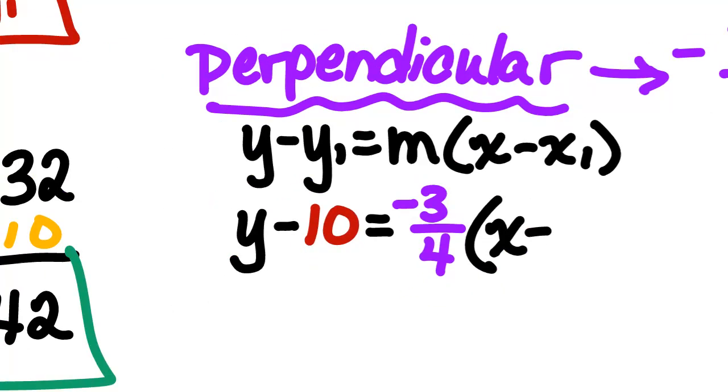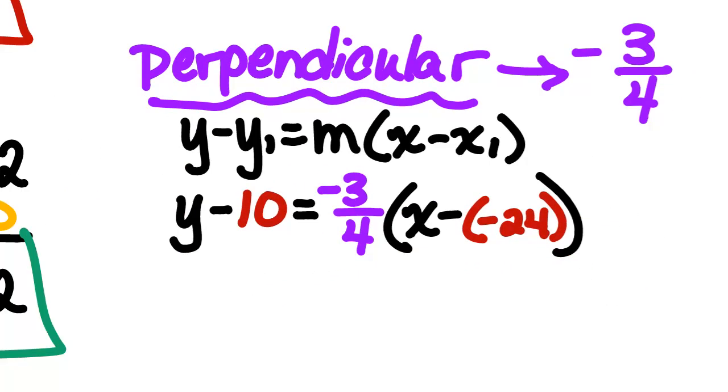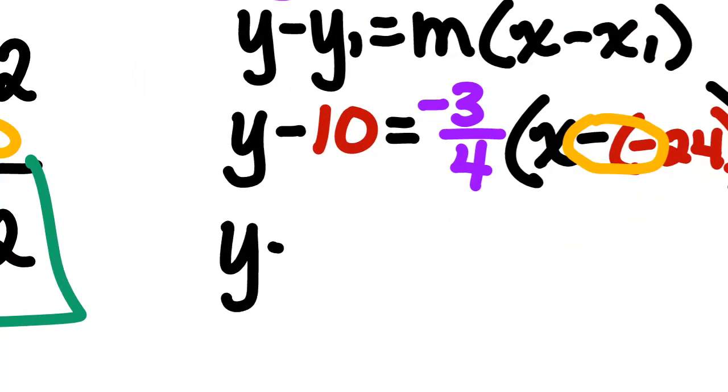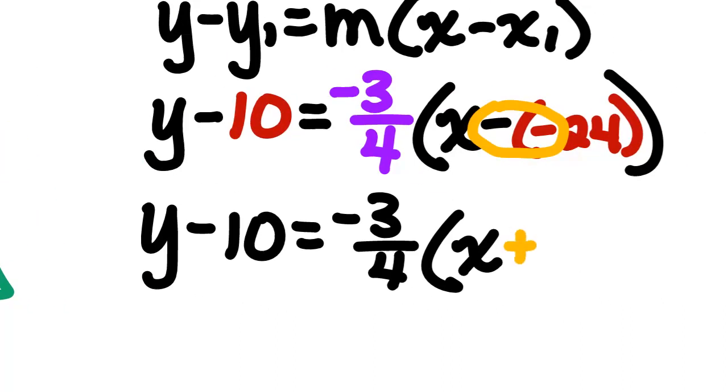X minus, my x1 is still negative 24. So I still have this minus a negative right in here, so that's going to turn into a plus. So y minus 10 equals negative 3/4 times x plus 24.